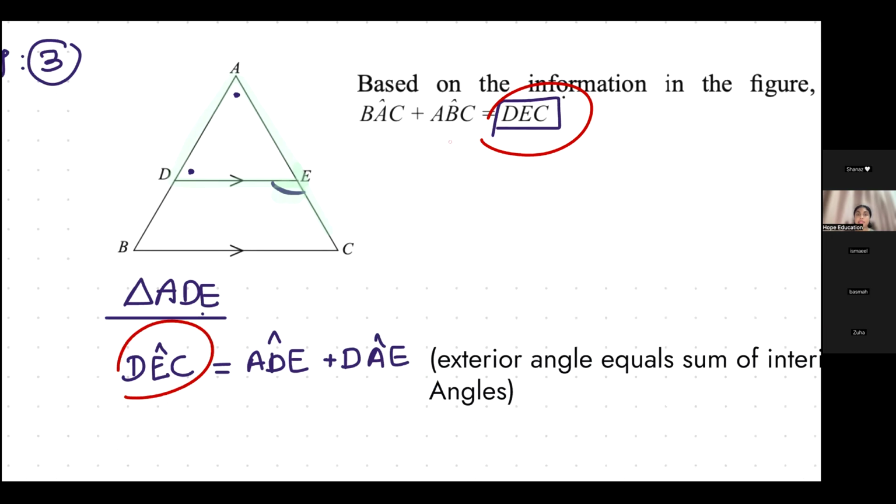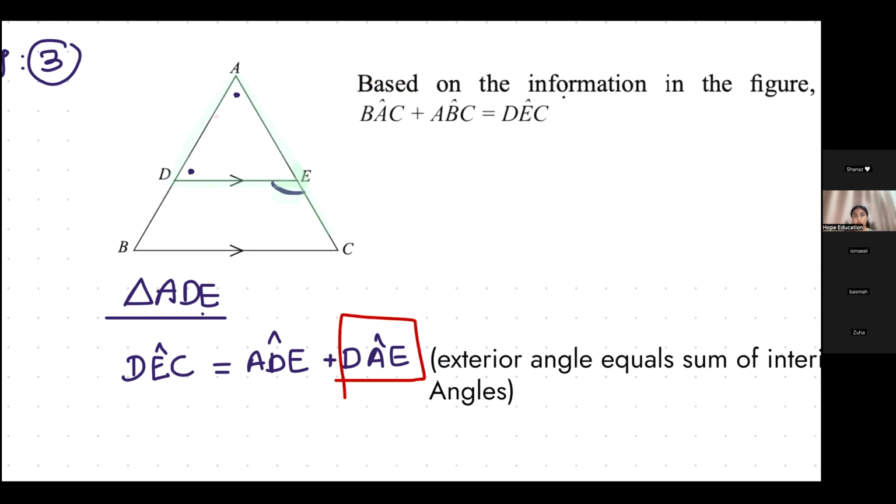We need BAC, and we need ABC. If you carefully see here, can you see that here we have DAE, no? DAE is the same as BAC, right? DAE and BAC are the same angles. Is that clear? Can you see that, Lamai?